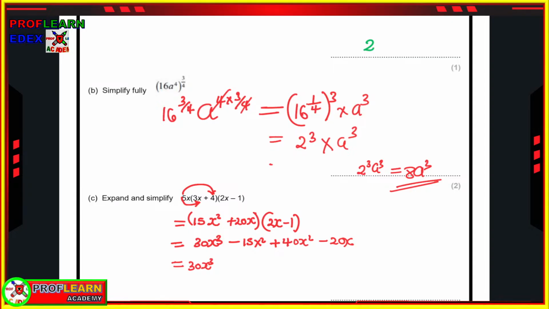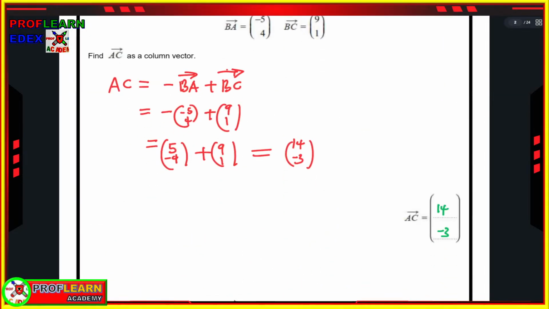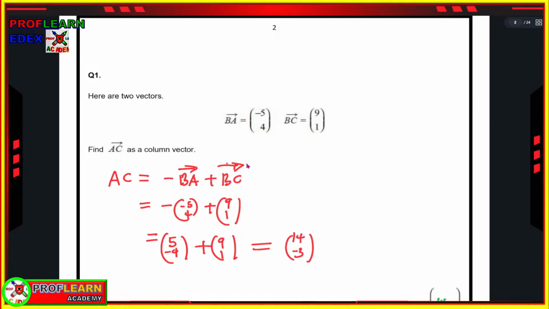So let me just take you through the sections that we have worked on. In this case, we started by working on position vector, how to add position vector. Because you are finding AC, you need to move from A to B plus B to C. Then to move from A to B like that is the same as negative BA, because we have BA here, then we shall say plus BC.